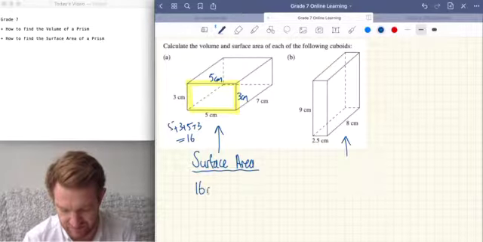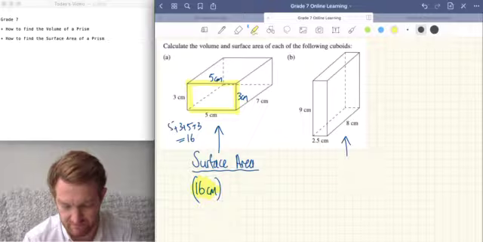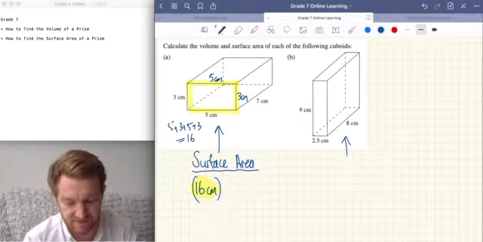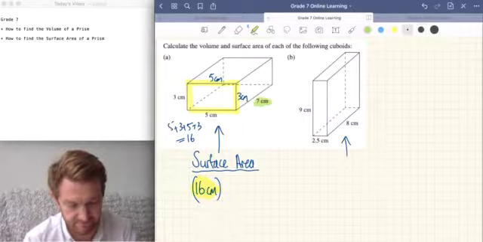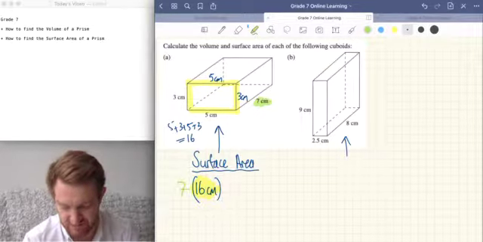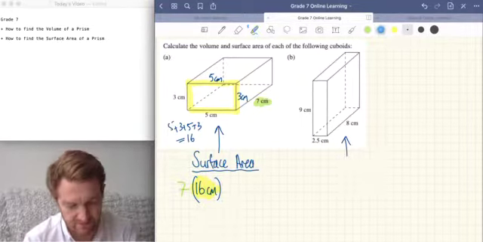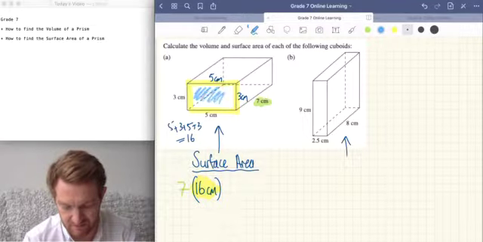So the perimeter is 16 centimeters. That's the bit in yellow. I'll highlight it yellow for you. Yep. We need to multiply that by the depth, which is this one here. So we do 7 times that. We also need the front and the back.